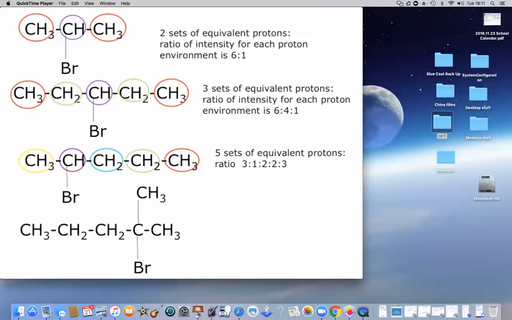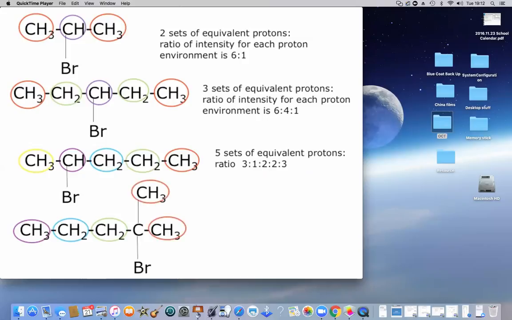Okay, last example. We have 2-bromo-2-methyl-pentane. Going from left to right, we have our CH3, CH2, CH2. Our CH3 is different to our CH3s at the end, and our 2 CH2s are not equivalent to each other. One is bonded to CH3 and CH2, that would be the blue one. The green one is bonded to a blue CH2, and the carbon atom to the right, which is bonded to 2 methyls and bromine.